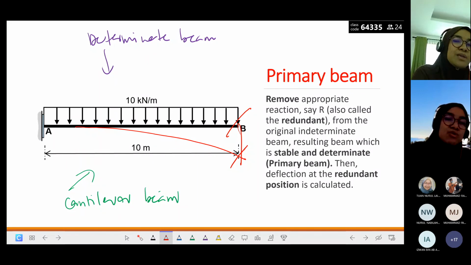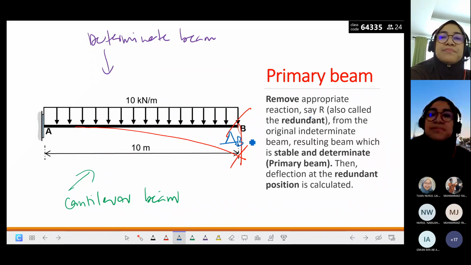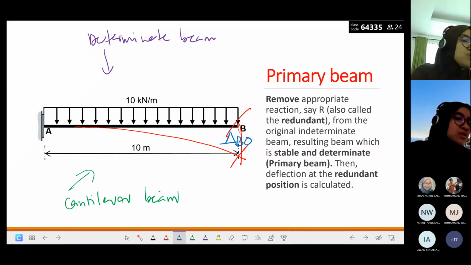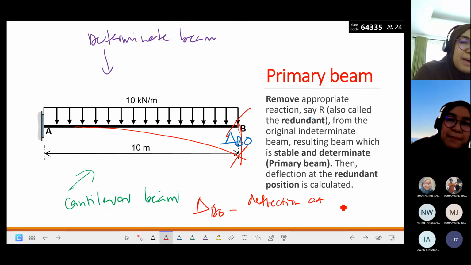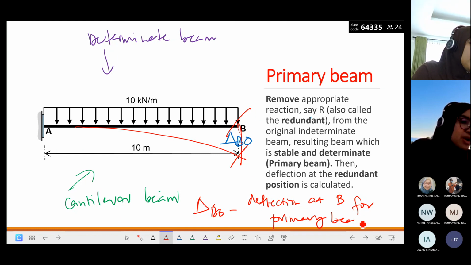The redundant position is at B, and mark the deflection at B. The deflection at B here is delta B naught, the deflection at position B. Delta B naught is the deflection at B, because B is the redundant position, for the primary beam. The primary beam symbol has the naught.